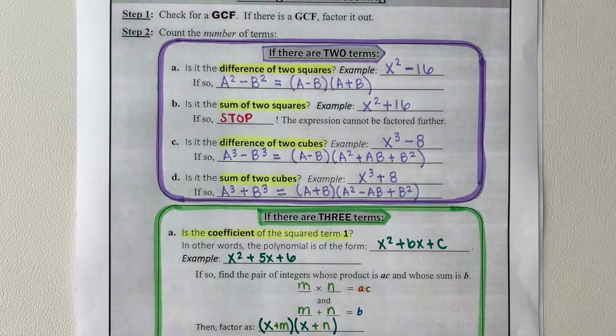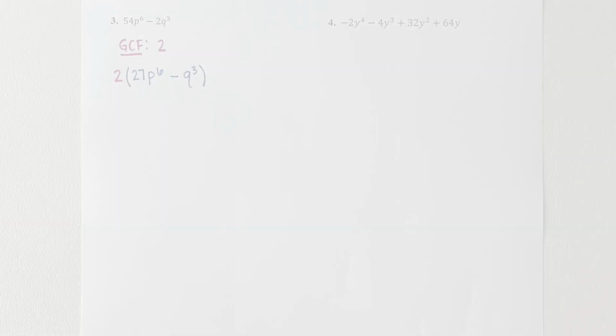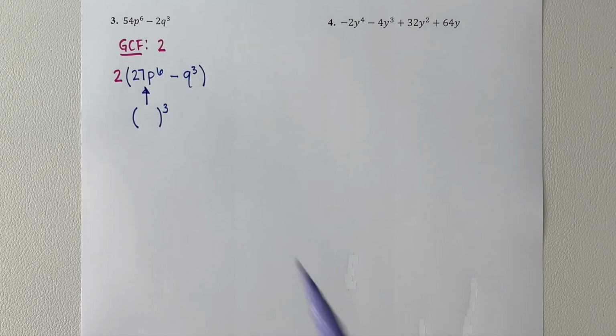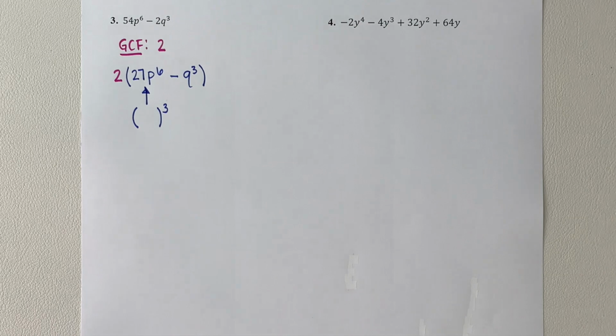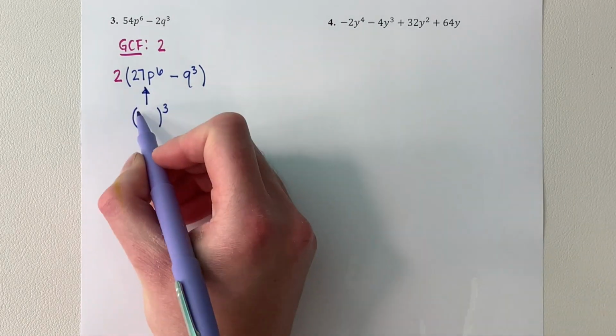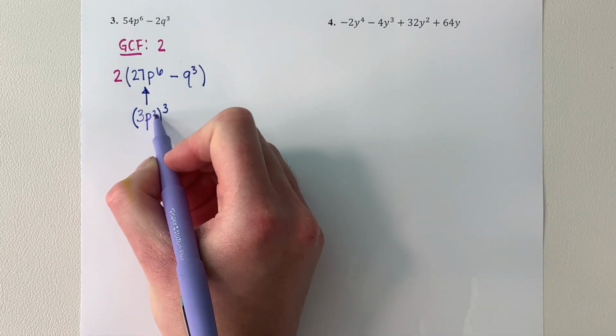We just need to determine our a and our b so that we can plug those values into this formula. To determine a, we want to rewrite 27p to the 6th as some quantity cubed. To get 27, we'd have to cube 3, and to get p to the 6th, we'd have to cube p squared.